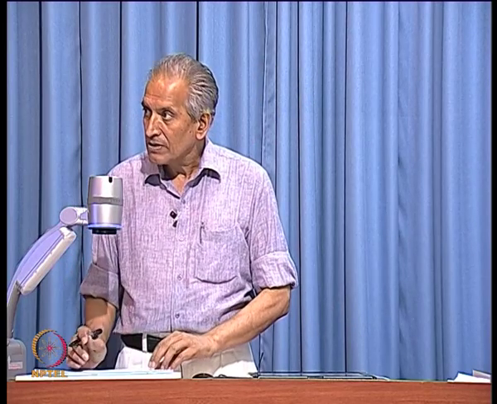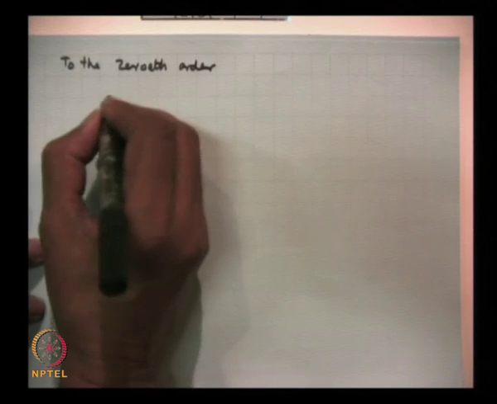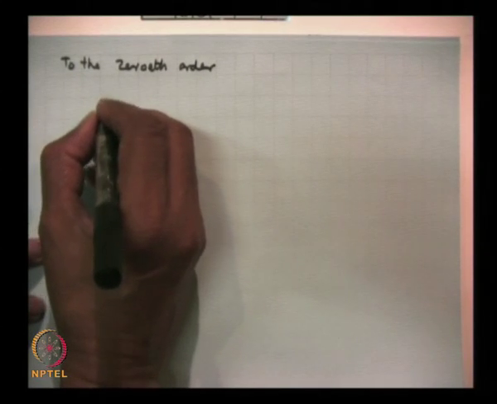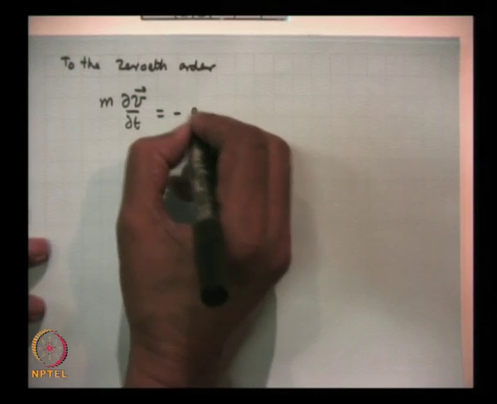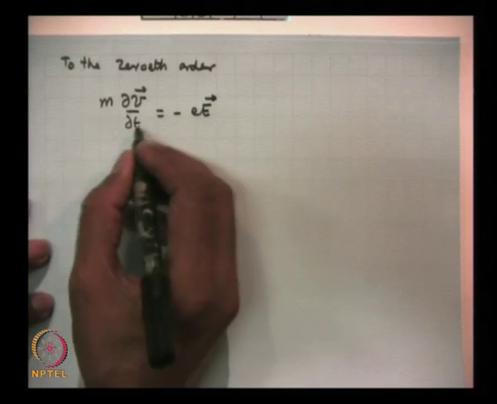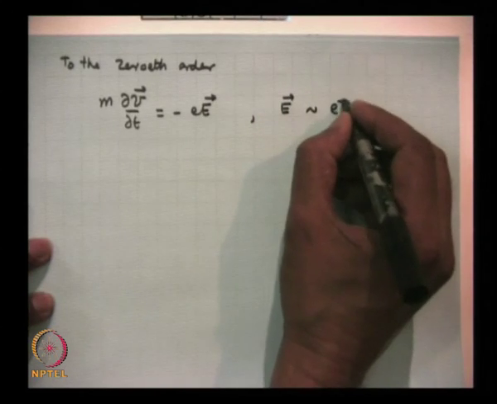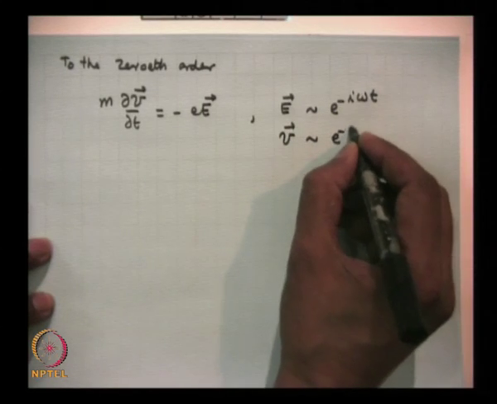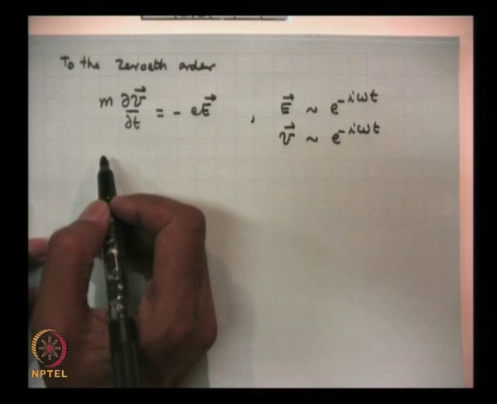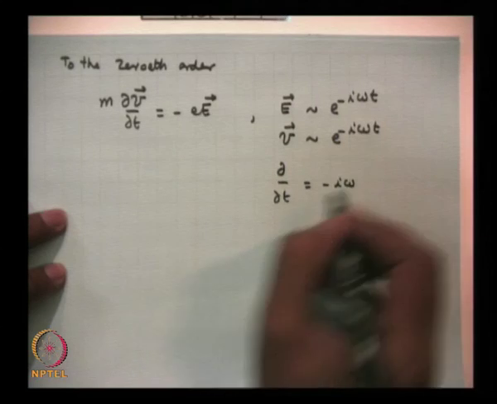So, through the zeroth order, what do I get? m ∂v/∂t is equal to minus eE, and because this has simple time dependence of the form exponential minus iωt, velocity also I would expect to have time dependence of the form exponential minus iωt. Hence, ∂/∂t I will replace by minus iω as I discussed earlier.